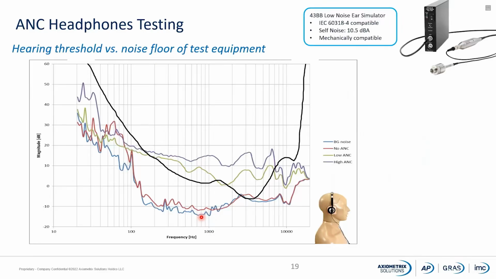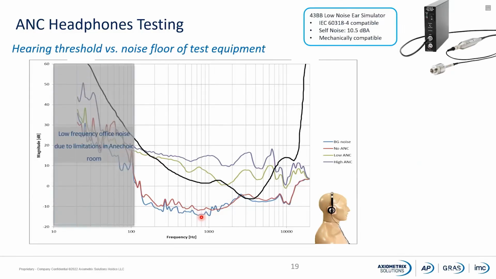Here, I know we have a lot of information, so I will try to explain. First of all, let's get rid of all the data below 100 Hertz because here we have a limitation in this particular test chamber. So what we see here is basically a head and torso simulator placed inside an anechoic chamber.